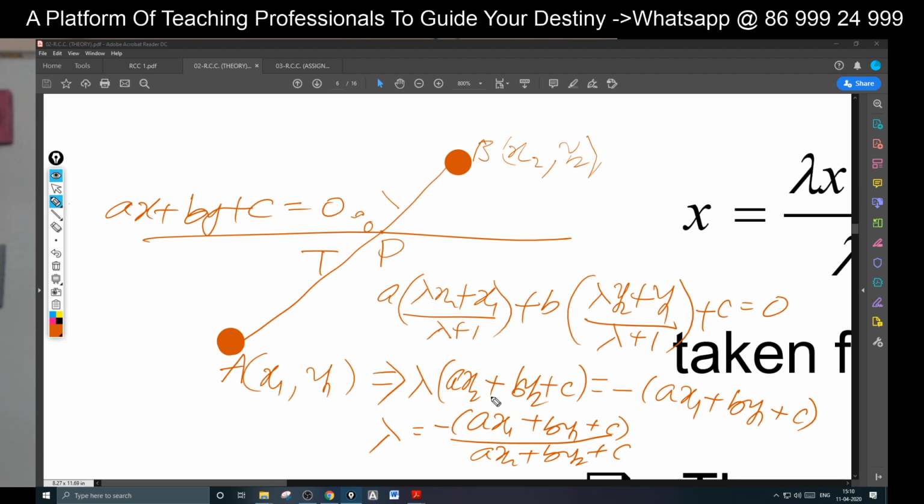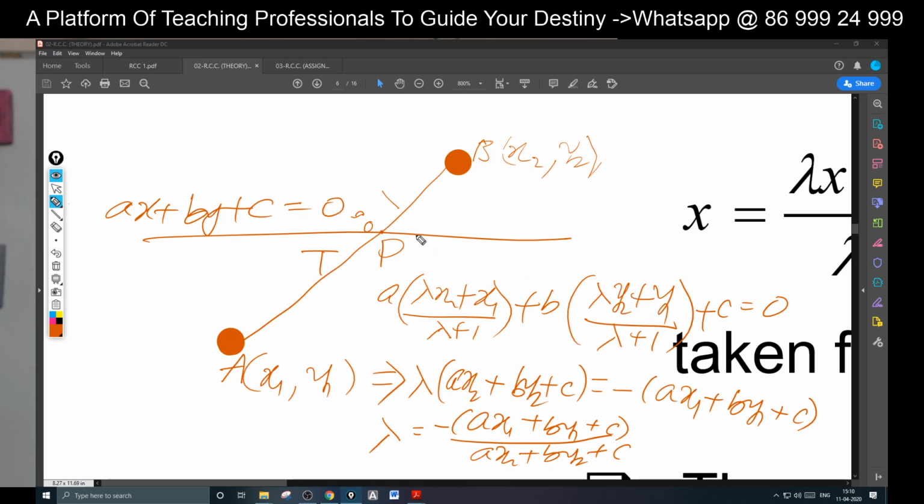So what you have to understand is simple. When two points A and B are given, then this point P is the intersection of the line with AB. Our interest is to find the ratio in which the line segment is divided by the line. We don't know that, so we have taken this to be lambda is to 1. Thereby we applied the section formula and got P as (lambda x2 plus x1) by (lambda plus 1) and (lambda y2 plus y1) by (lambda plus 1).